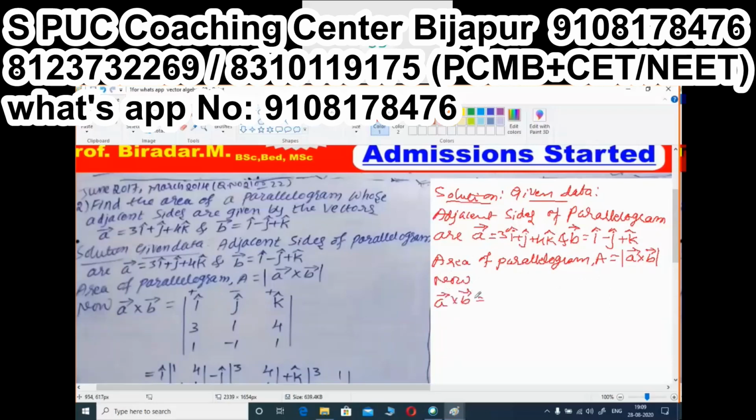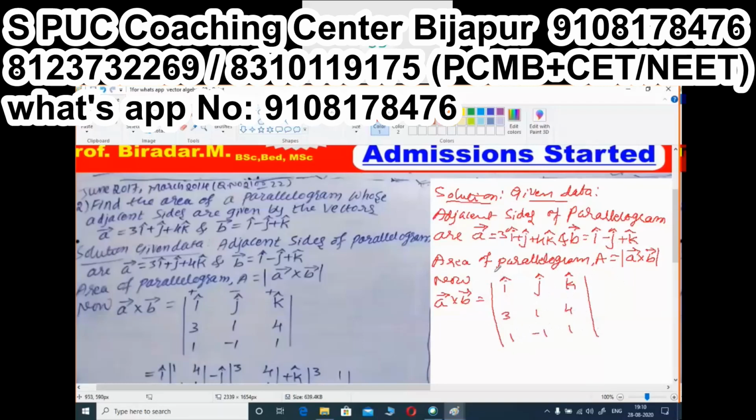As in the previous first problem, you express A cross B as a determinant: i cap, j cap, k cap in the first row. Write the coefficients of A vector in the second row: coefficient of i is 3, of j is 1, of k is 4. Similarly, write the B vector coefficients in the third row: 1, minus 1, and plus 1.